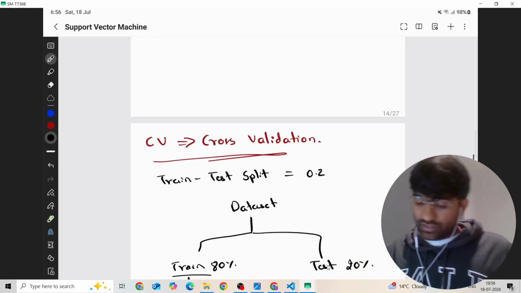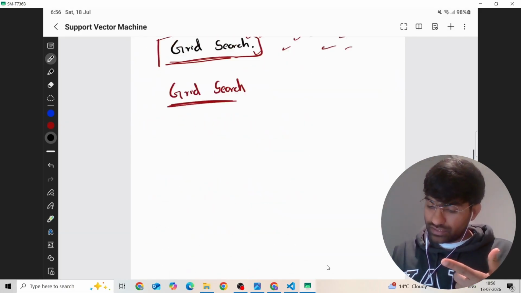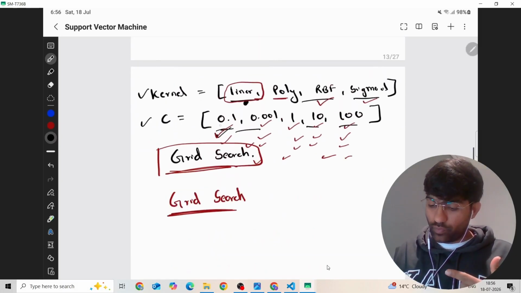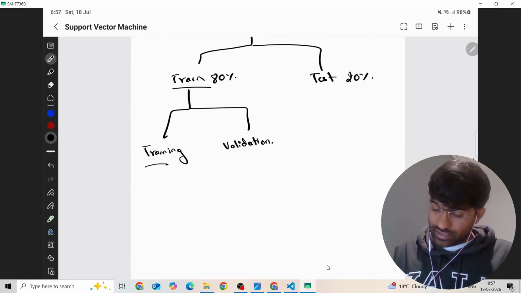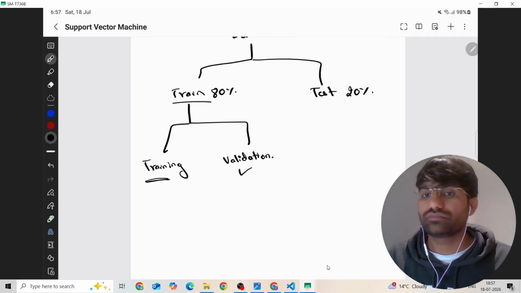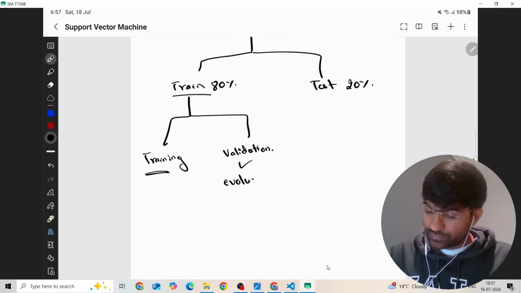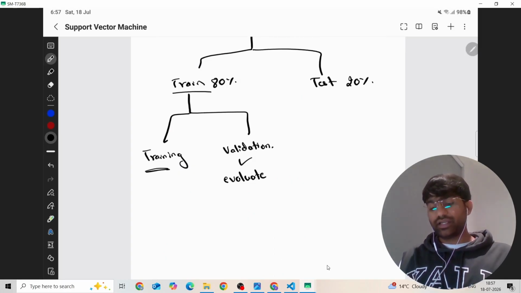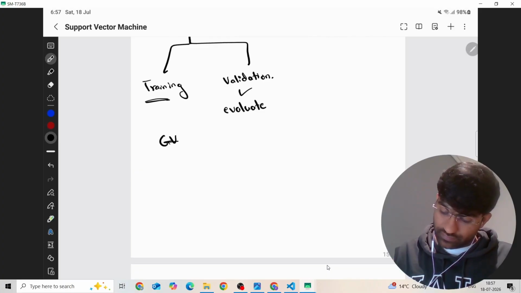So CV is cross validation for every training. When it trains linear with C equal to 0.1, when it trains linear with 1, when it trains linear with C equal to 10, for every training, it will validate, it will check what is the accuracy of the model, whether it is improving or decreasing. It will evaluate every time it trains.